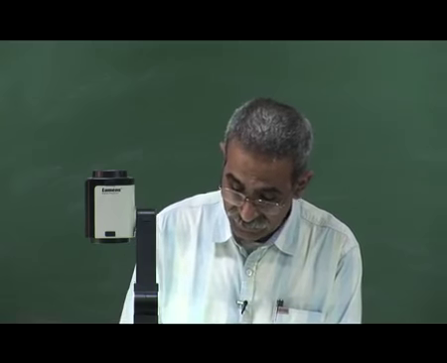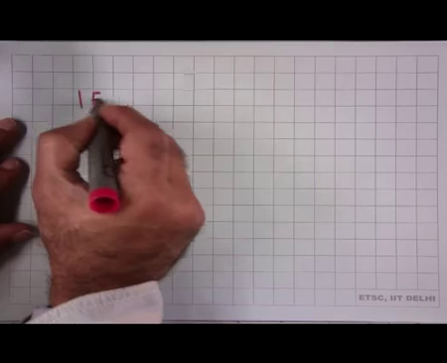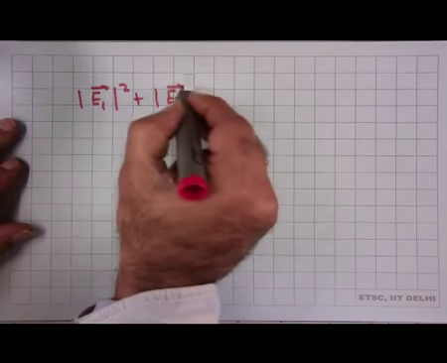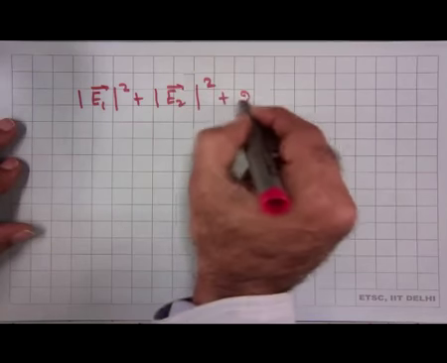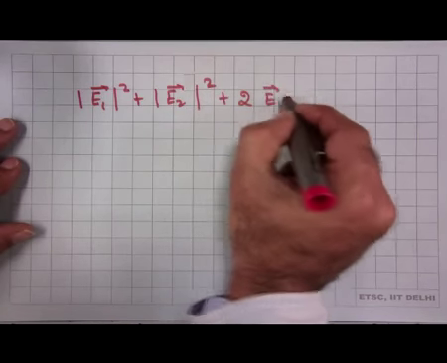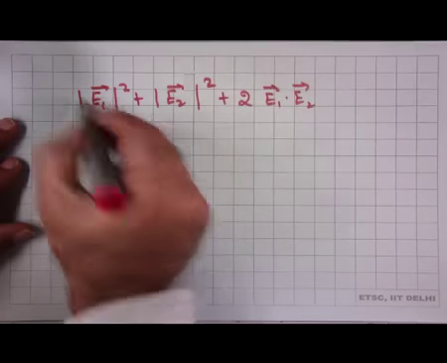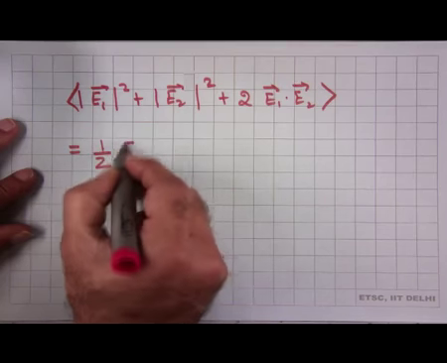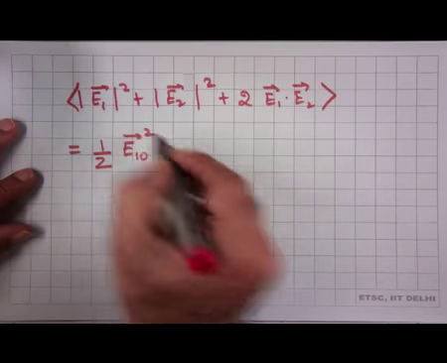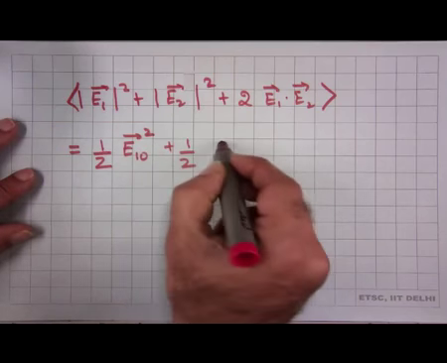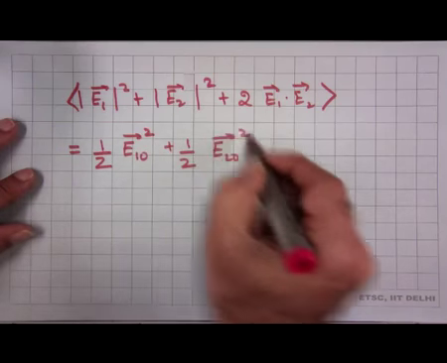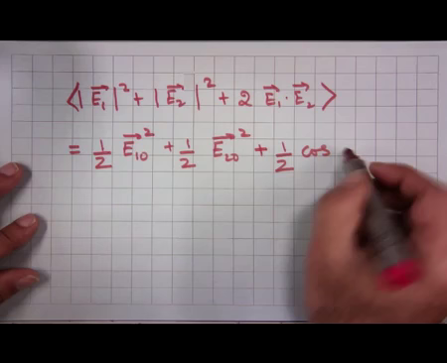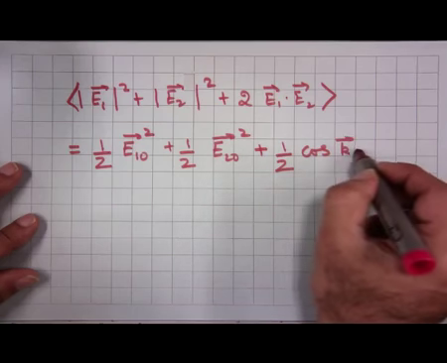The expression for the intensity is simply given by mod E1 squared plus mod E2 squared plus 2 E1 dot E2, and this we wrote as half E1 0 squared plus half E2 0 squared plus half cos k dot d.